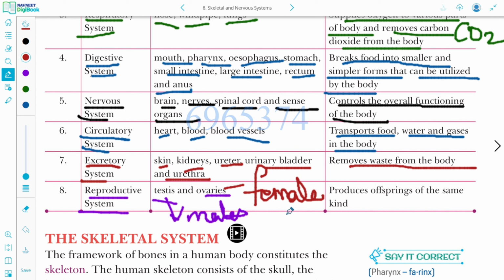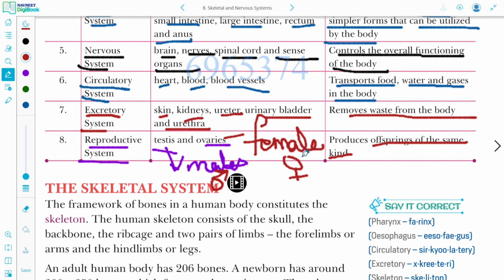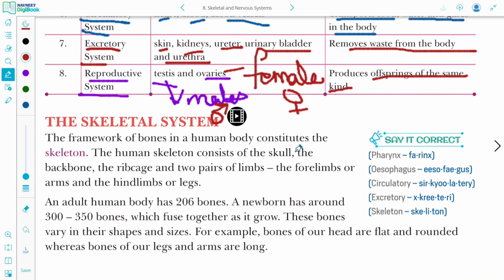So we can denote female from this sign and males from this sign. The basic function of reproductive system is to produce offspring of the same kind. Now we will study all these systems in detail. But before this, we have to pronounce these words.